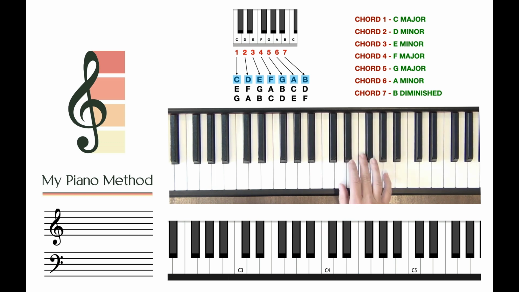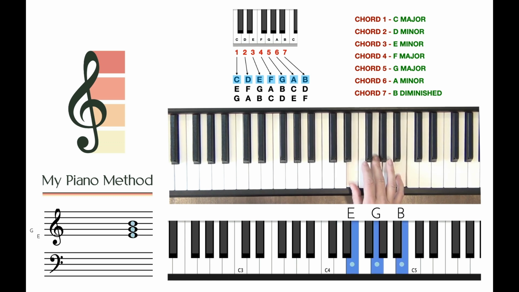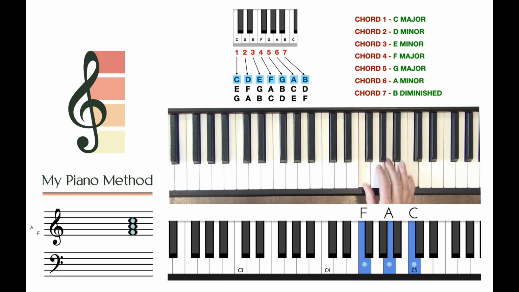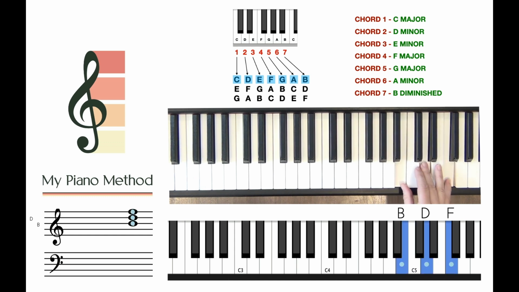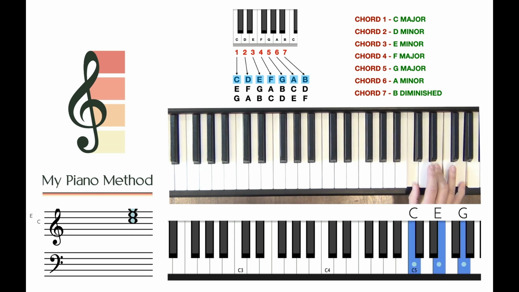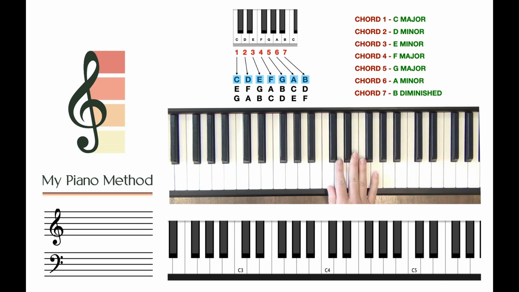C major, D minor, E minor, F major, G major, A minor, and there's that cheeky diminished, the B diminished, and then we land back on the C. So take some time going through this chord scale and try it with your left hand as well.